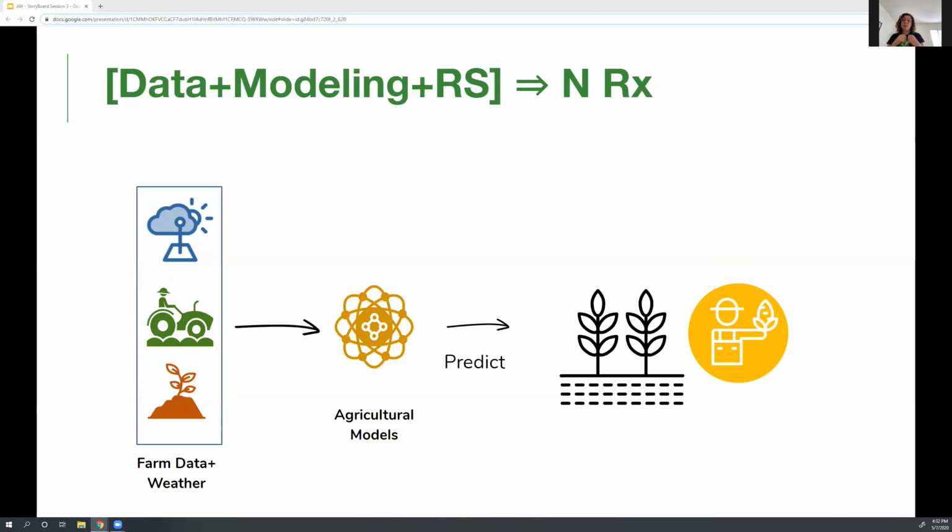So I'm going to model this for you. And since we are this many growing degree days into the season, your plant should look like this. And this means biomass at X, chlorophyll at Y, leaf area index at Z. So basically it simulates those parameters.